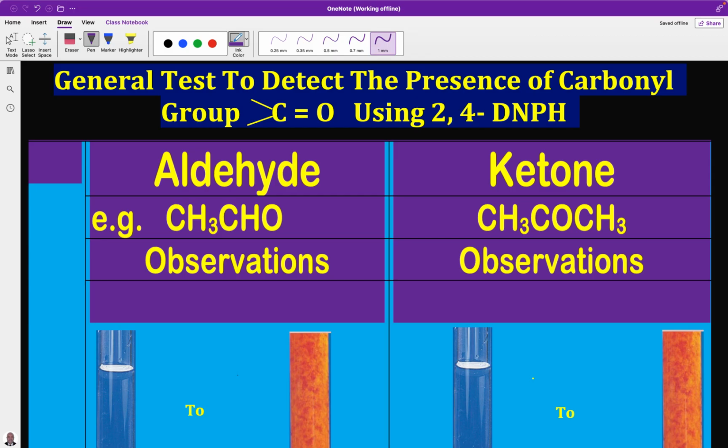We will also be using Fehling solution and Tollens reagent to differentiate between aldehyde and the ketone. We will also be using the triiodomethane or the iodoform test, as well as the oxidation test for aldehydes and ketones.